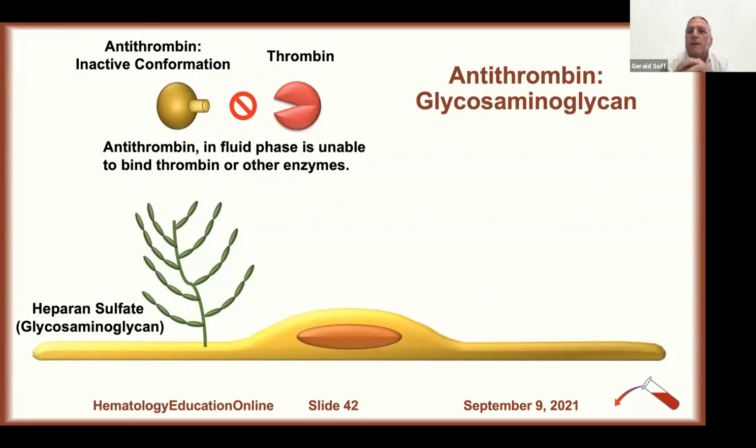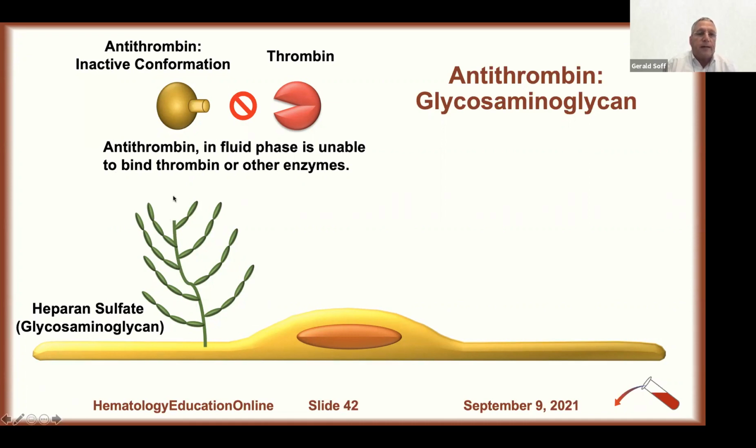So we're going to first talk about antithrombin and glycosaminoglycan. Antithrombin is a protein that has the potential to neutralize the enzymes of the coagulation system. However, as antithrombin circulates, it does not bind or neutralize enzymes. This is heparan sulfate, which is a glycosaminoglycan anchored to an endothelial cell here.